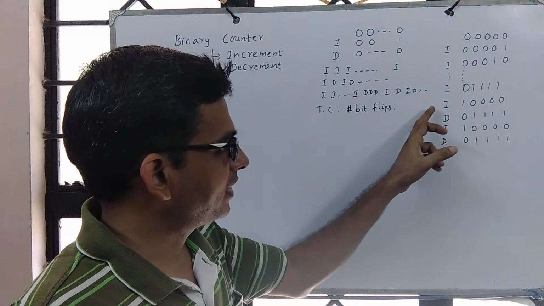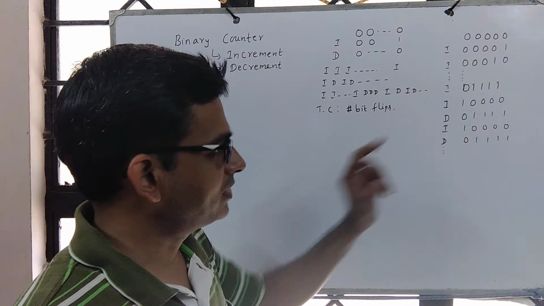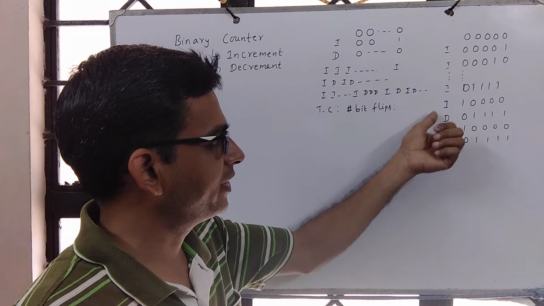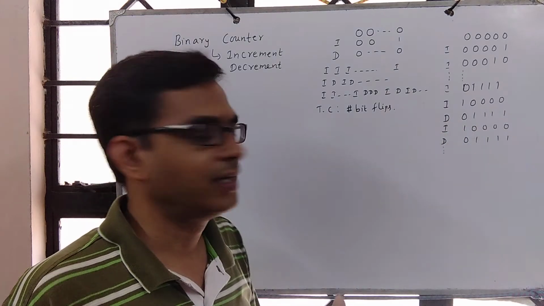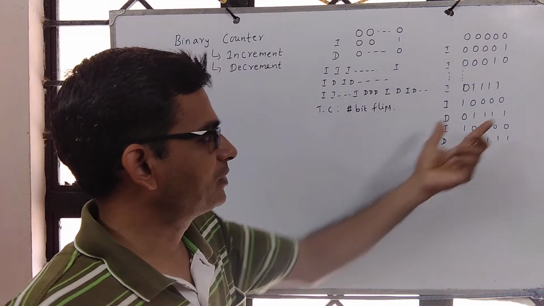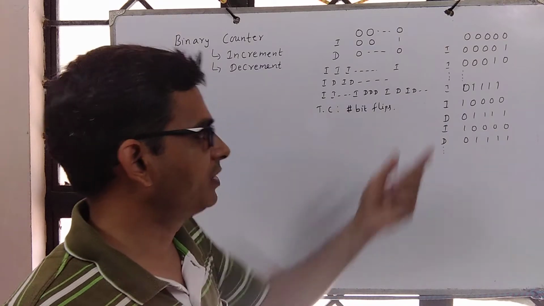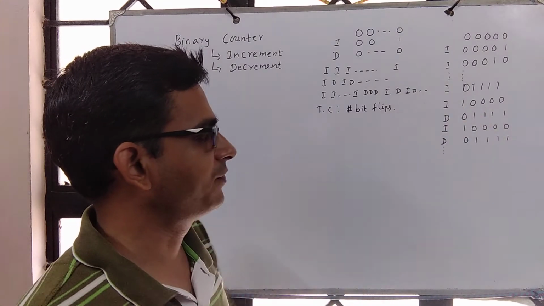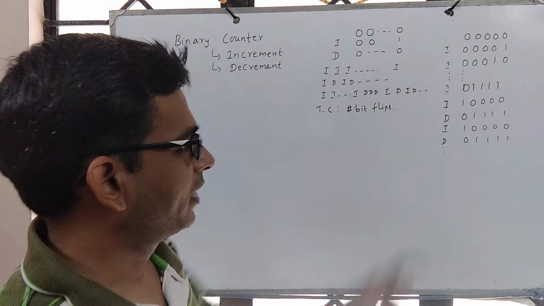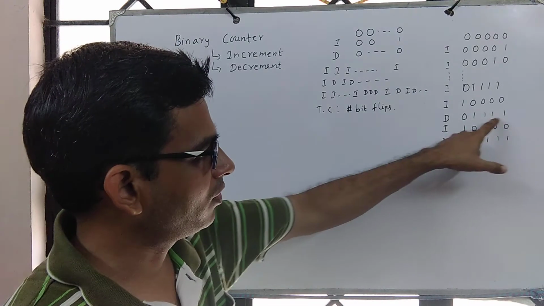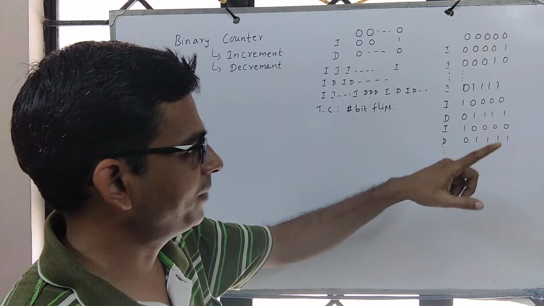So it turns out that there is a configuration on which, if we perform increment or decrement, the number of bit flips is precisely the size of the counter, in this case k, where k is the size of the counter. Again when we perform increment, we see that all these bits are flipped.